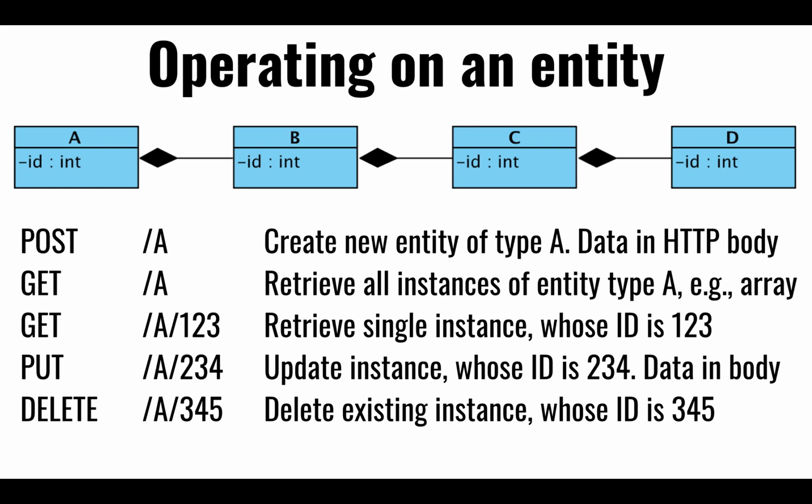So you refer to the set of all A's by /A. /A refers to all sets of A. Make sense? The other one is, for instance, get /A would be interpreted as I want to retrieve all the instances of A, because get is for retrieving, for reading purposes, and since you're not telling me what A you want, it must be that you want all the A's. So /A always refers to the entire data set of A's.